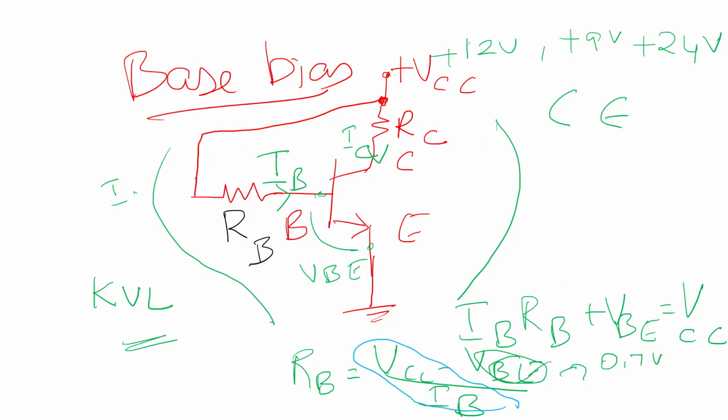And now let me try to write the equation of collector current or RC. So we need to apply KVL in the outer loop. The voltage drop across ICRC and VCE is equal to the total voltage VCC. So ICRC plus the voltage drop across the collector emitter is equal to VCC.